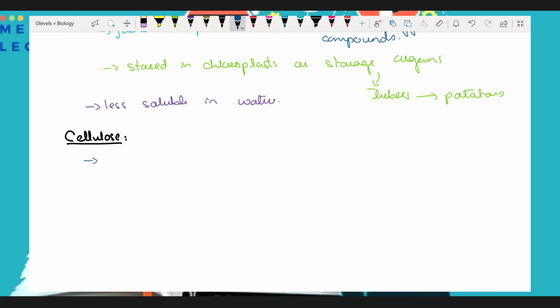Now this cellulose, you can say, is also made of even longer chains of glucose, right? Even longer chains than glycogen and starch.